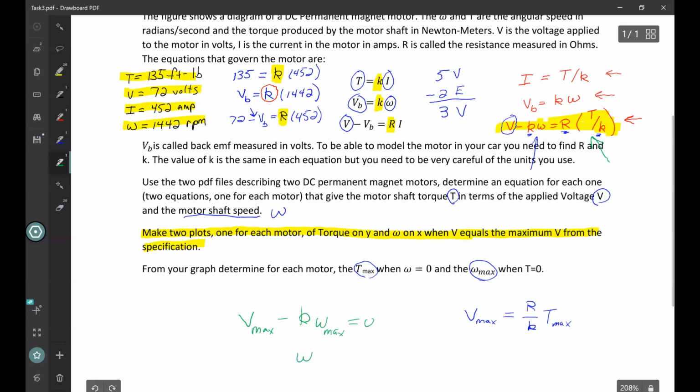So your omega max is going to equal the voltage max divided by K. And again, the voltage that you apply, it depends on you. You decide how fast you want it to go. And the greater the voltage you apply to the motor, the faster it moves. Same thing over here. The greater the voltage you apply, the more torque you get. Okay.